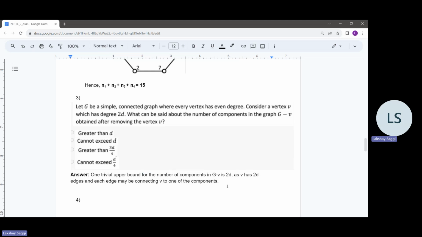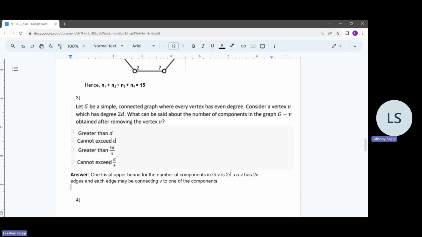So that's why the number of components will have an upper bound of 2D in the graph G minus V. So yeah, I hope this is clear.